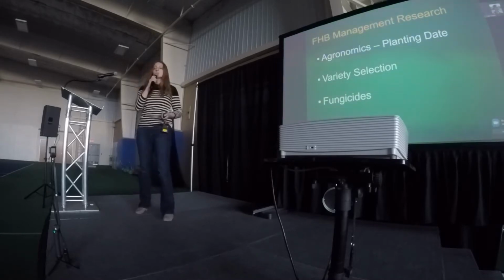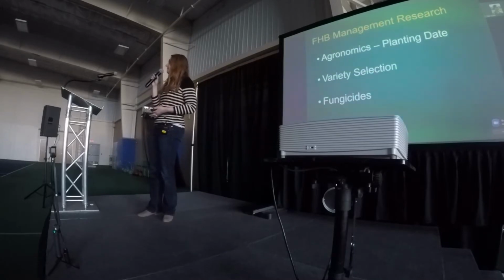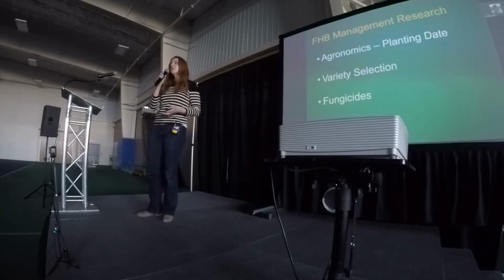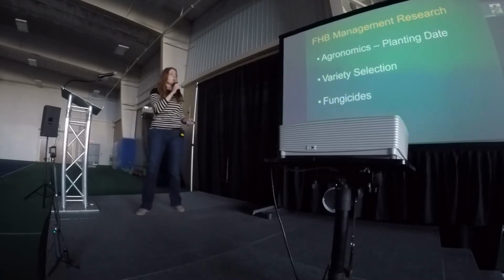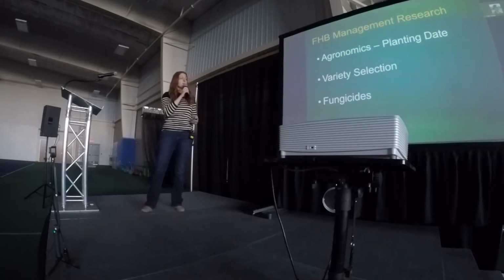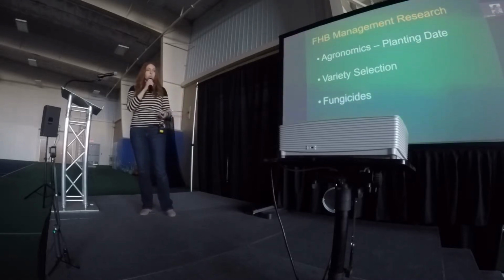In 2016, some people told me they noticed that their later planted wheat or durum had less DON than their earlier planted crop. And that got me thinking if planting date could help us manage this disease, and I'll talk about that project. I've looked at some durum variety resistance to head blight, and then we'll talk about some fungicides too.